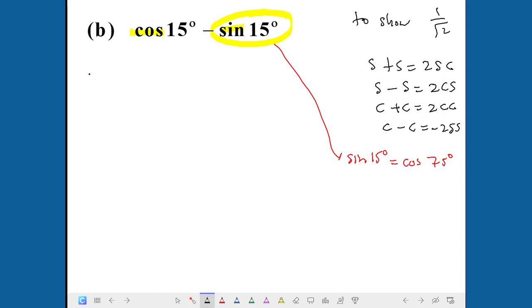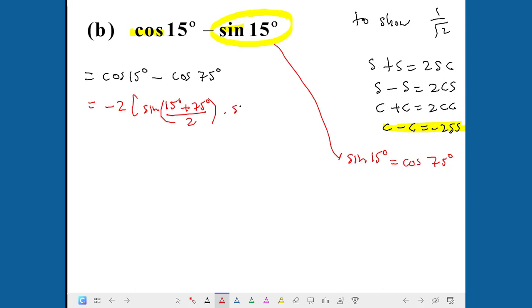So now change to cos 15 minus cos 75 degrees. So cos minus cos is equal to negative 2 sine sine. So it is equal to negative 2 sine of (15 degrees plus 75) over 2 times sine of (15 degrees minus 75 degrees) over 2.